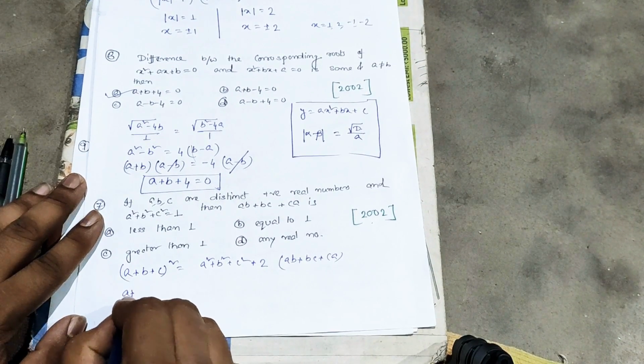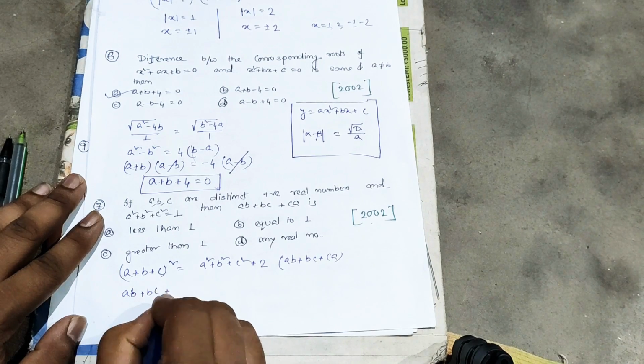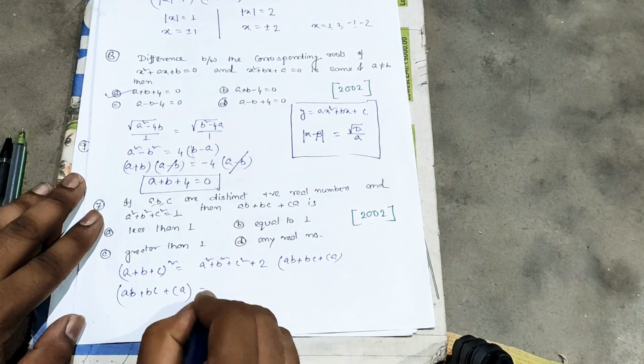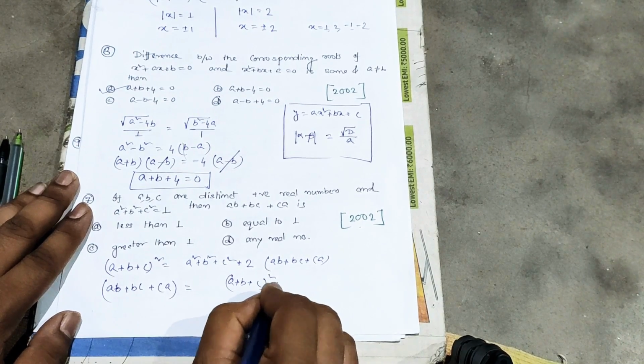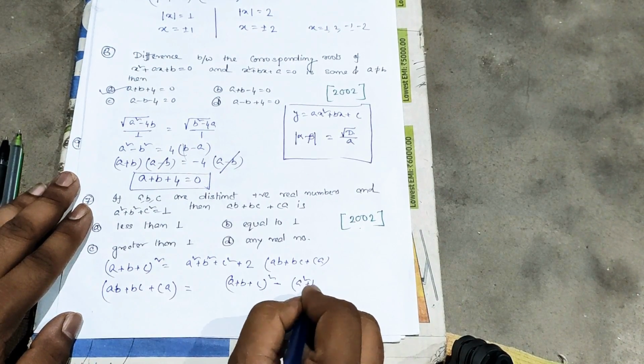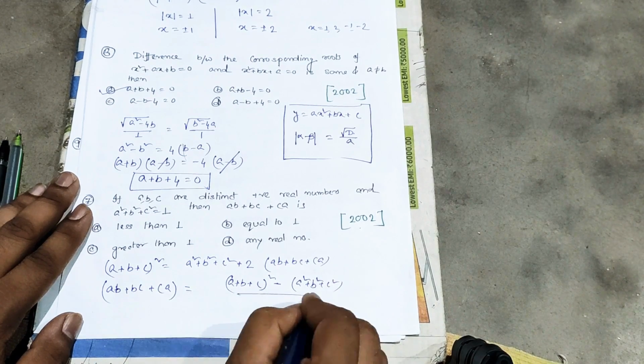So ab plus bc plus ca equals (a plus b plus c) whole square minus (a square plus b square plus c square), divided by 2.